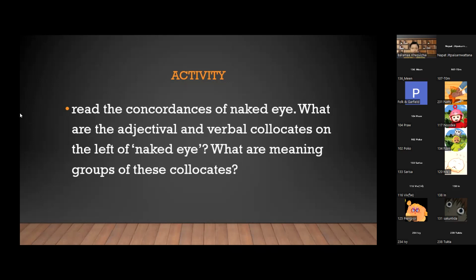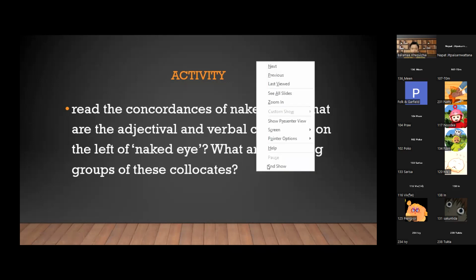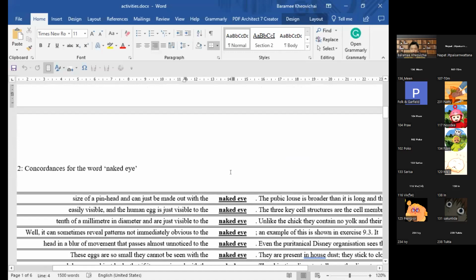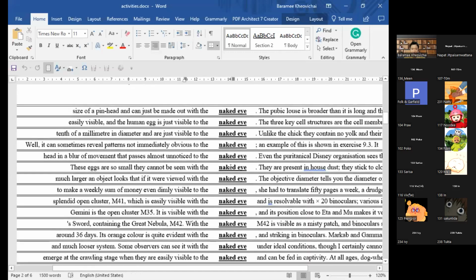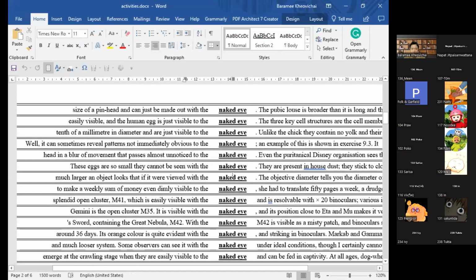Right, so now I'm going to end the show here and then move to Microsoft Word. So here, these are the concordance lines of the word naked eye. Let's look at the adjectives and the verbs.